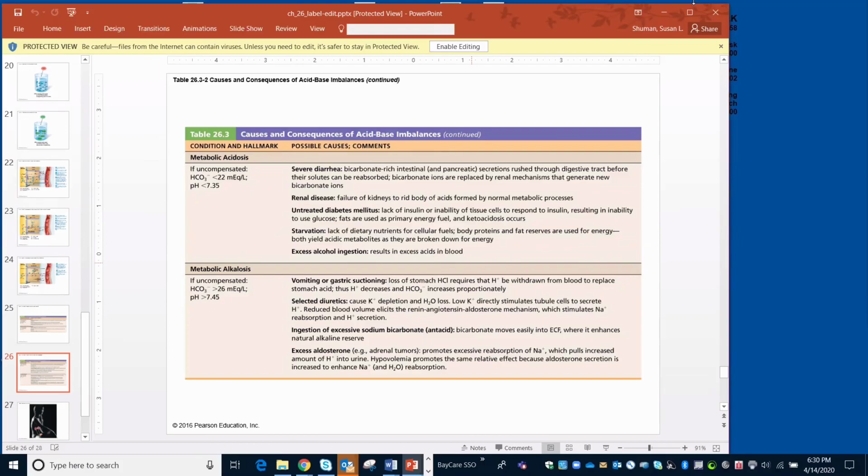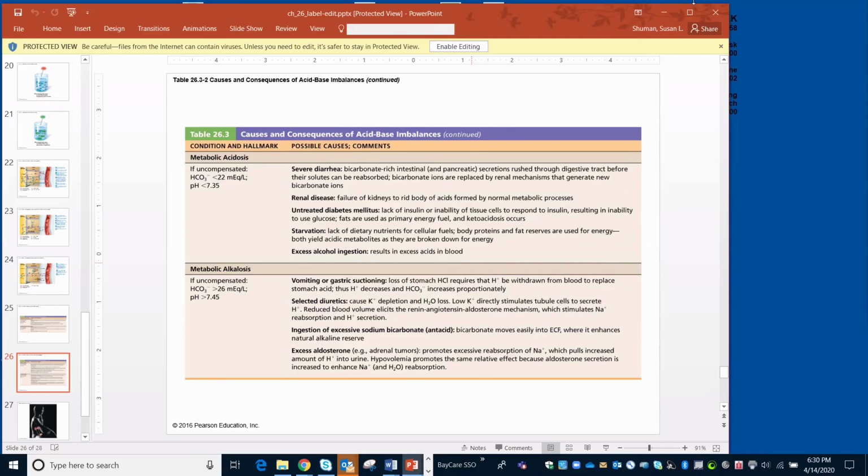So can you hold your breath for a really long time to build up your carbon dioxide levels to compensate for metabolic alkalosis? No, because you need the oxygen. So the respiratory system is a quick fix, but it has a limited range of fixing. Bicarb has a wide range, but it's slower. So when you have a respiratory problem, it takes a longer time for bicarb to fix it.